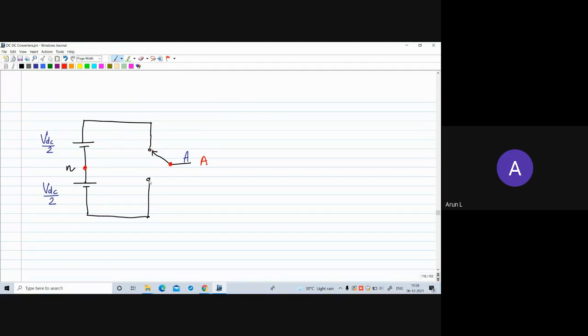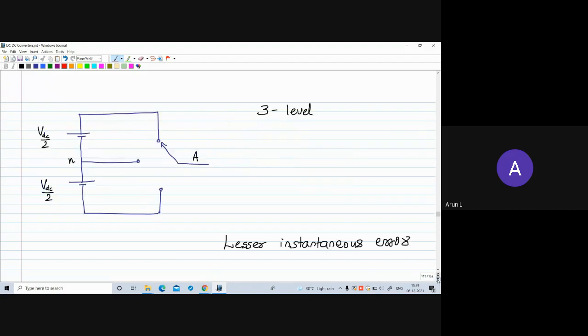When it is connected to the lower throw, you have minus VDC by 2. If we draw VAN, it will be switching between plus VDC by 2 and minus VDC by 2. So we have only two levels, so there are a lot of harmonics. We have already seen the Fourier series expansion. All the odd harmonics are present, so it is not close to a sinusoidal waveform.